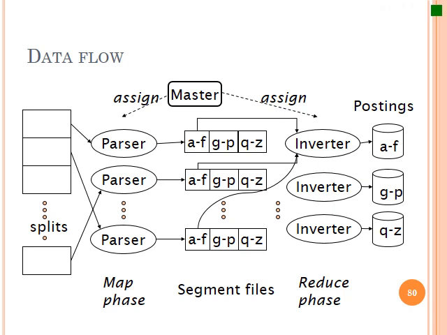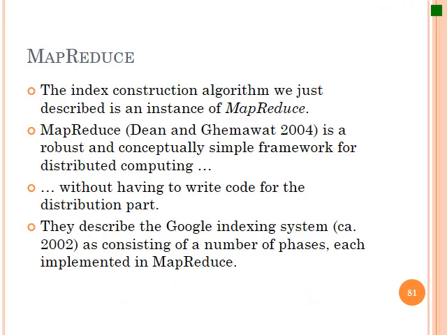In the reduce phase, each inverter will collect intermediate results from the different parsers and merge them together and get the posting list. So this is called the reduce phase. And this idea is basically an algorithm we call MapReduce.